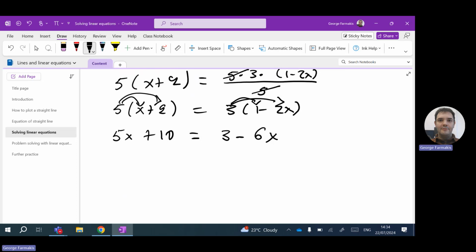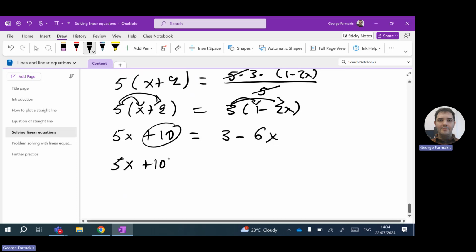What we can do, let's get rid of the 10. So 5x plus 10, it's a plus, so we subtract 10 from this side, and we do the same to the right-hand side, so minus 10. Here these two cancel, so 5x equals 3 minus 10, this is minus 7.